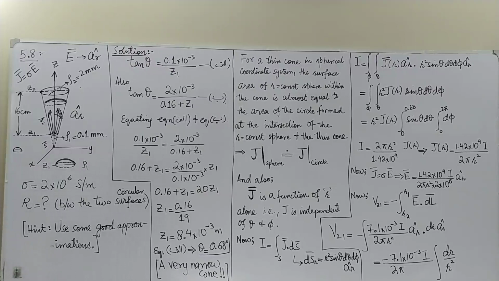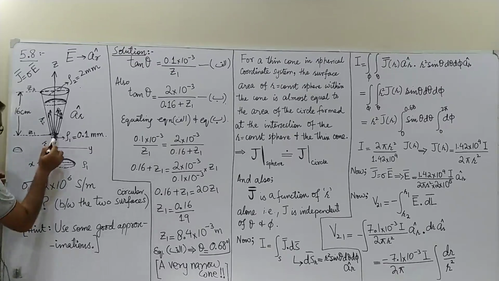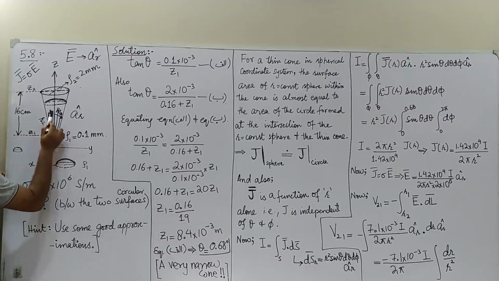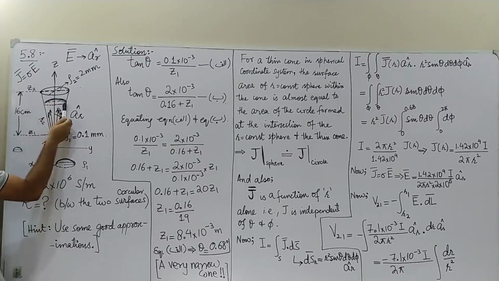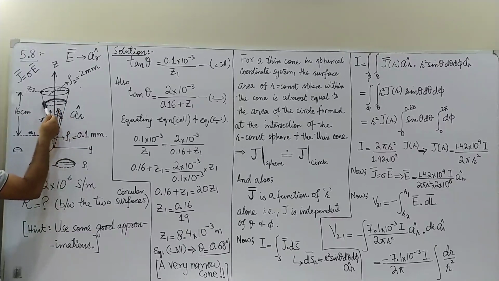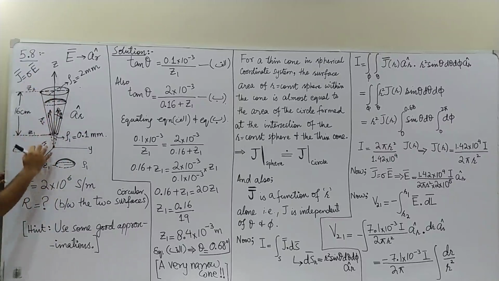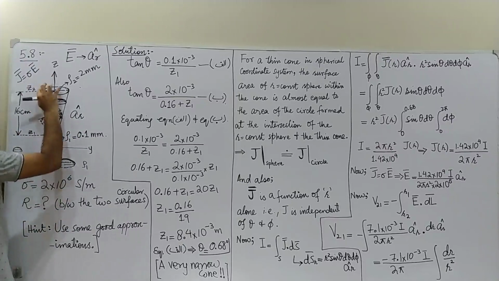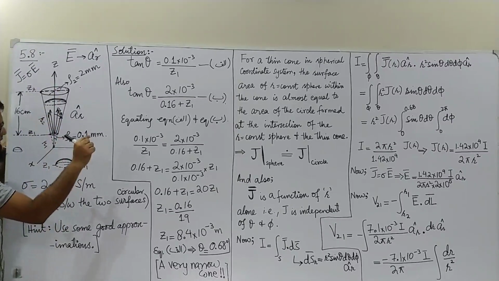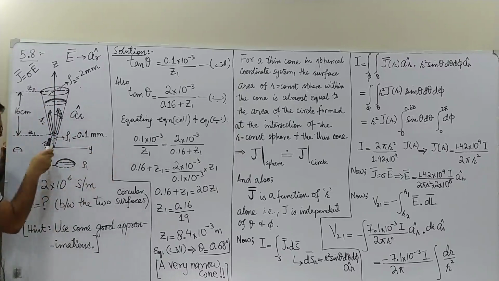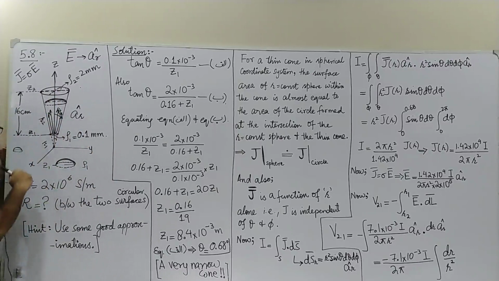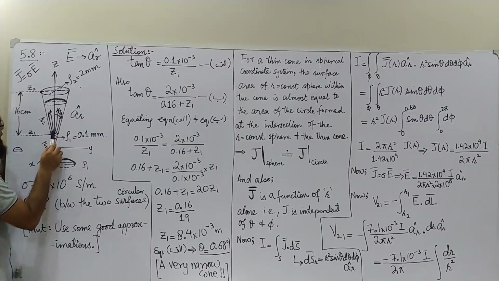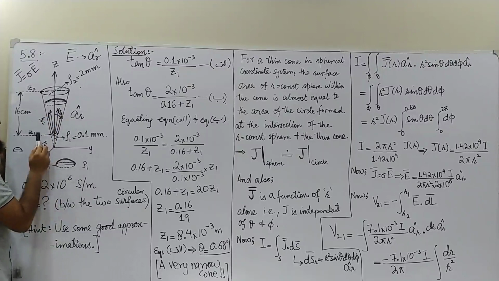Okay, so as you go from lower heights to higher heights, obviously the area of the sphere which is lying within this cone, or the area of the circle, will start to increase. So we can say that the current density, which is nothing but current divided by area, since area depends only on R, increase the value of R and you will be somewhere higher in this cone.